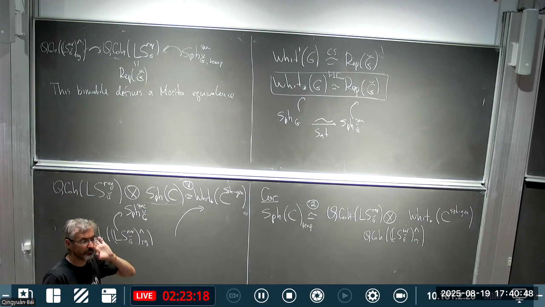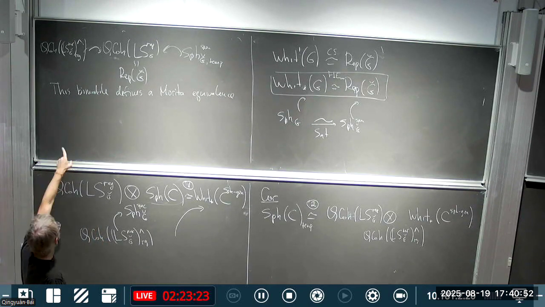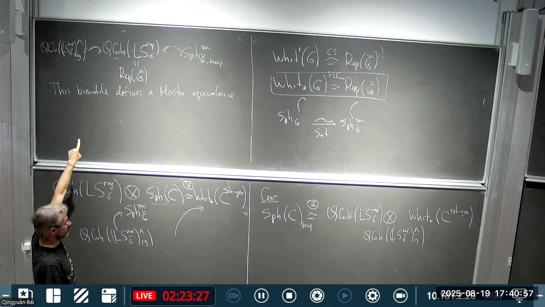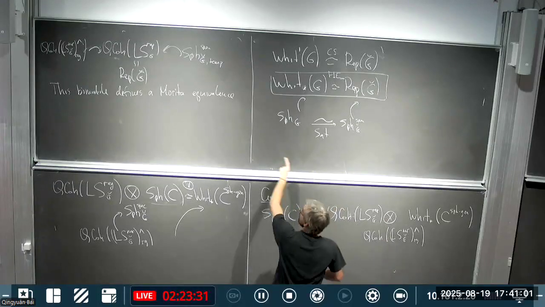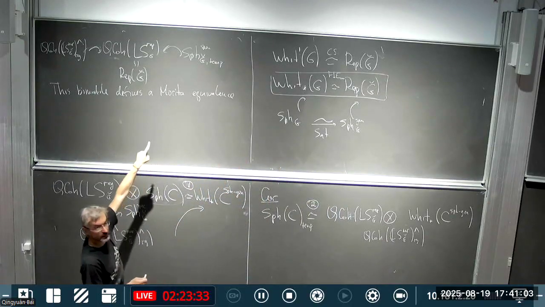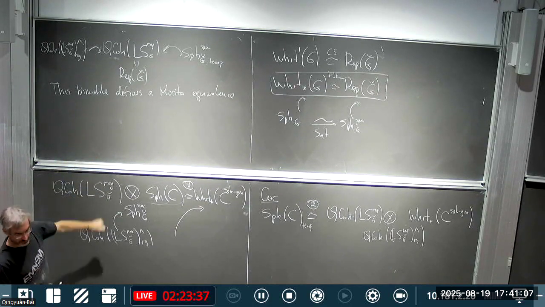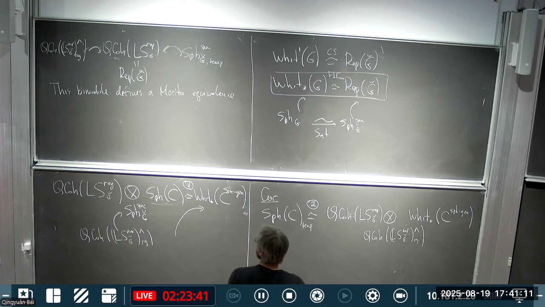What's it that why you need the completion of free code? the tensor over this tuple completed at the regular. You mean here? Oh, yeah. So it's that Moritz equivalence. Oh. Yeah. Oh. All right.